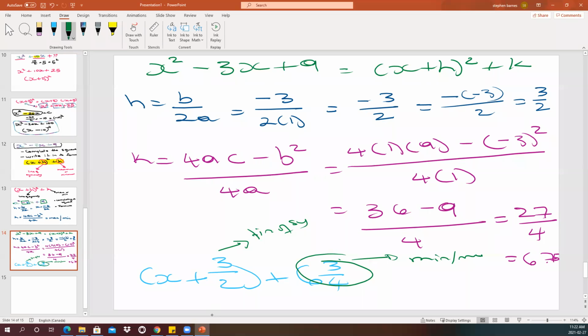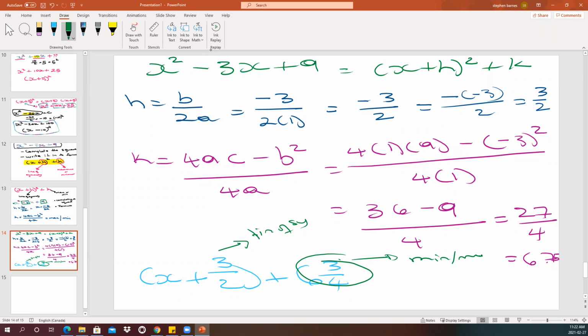So if you're given a question like this, a quadratic like this, and you're asked to find the minimum or maximum and the line of symmetry, this is the way you do it. You can also complete the square, but it's usually much longer. But when you complete the square, it will be in the very same format.